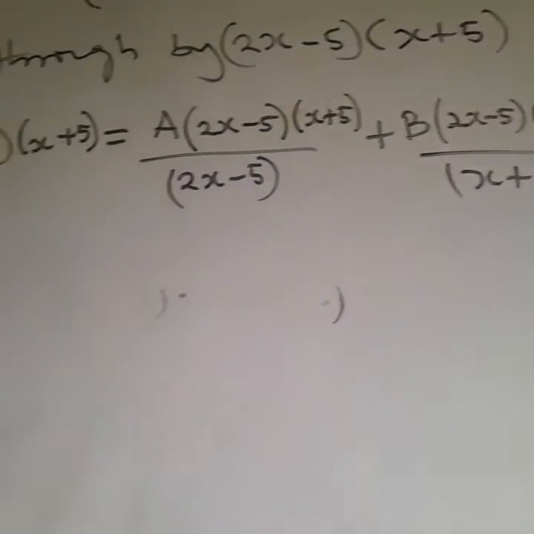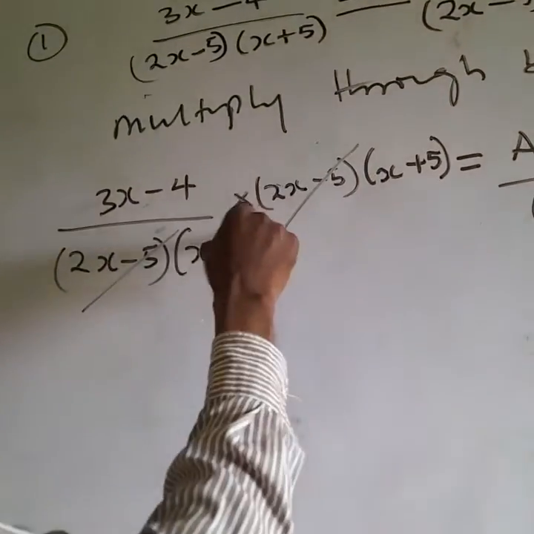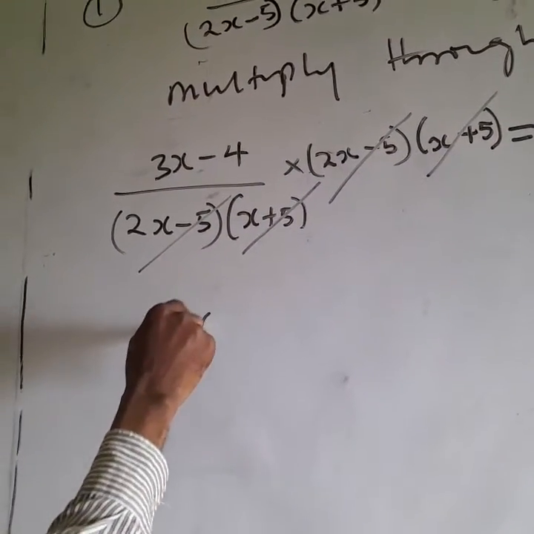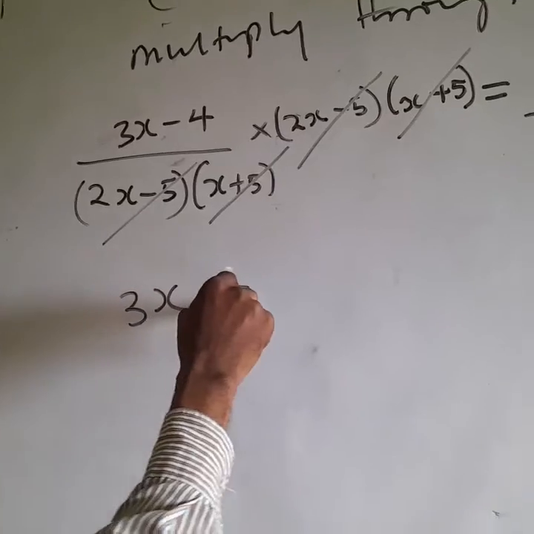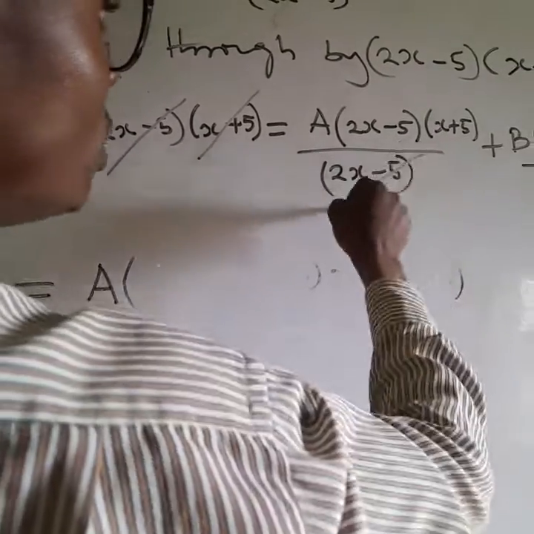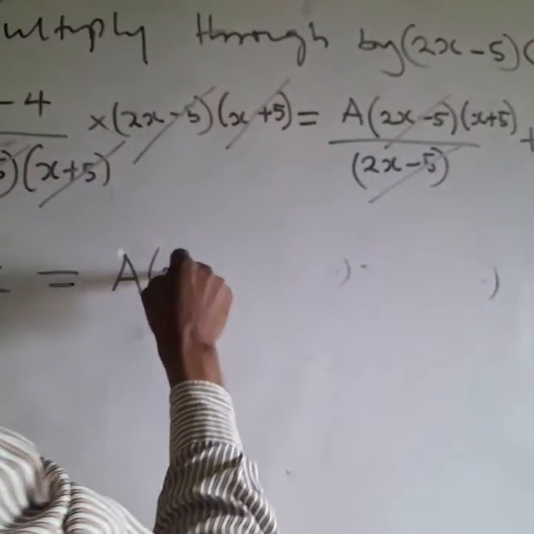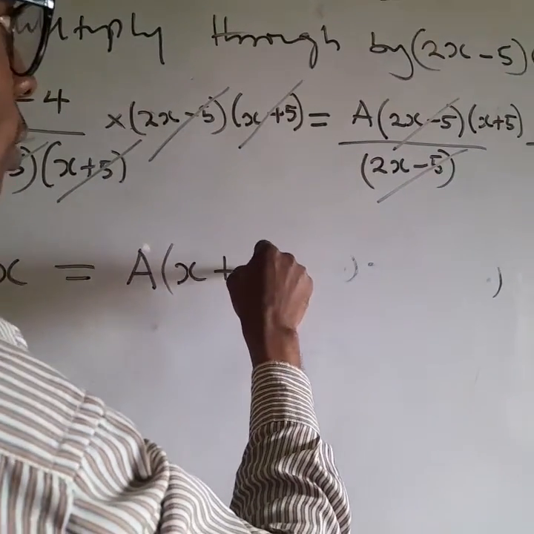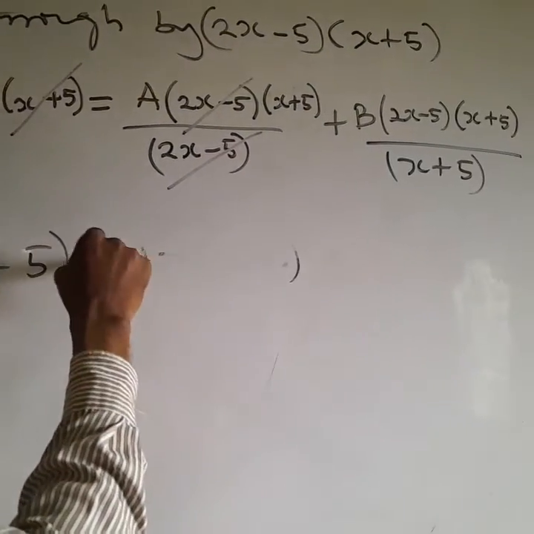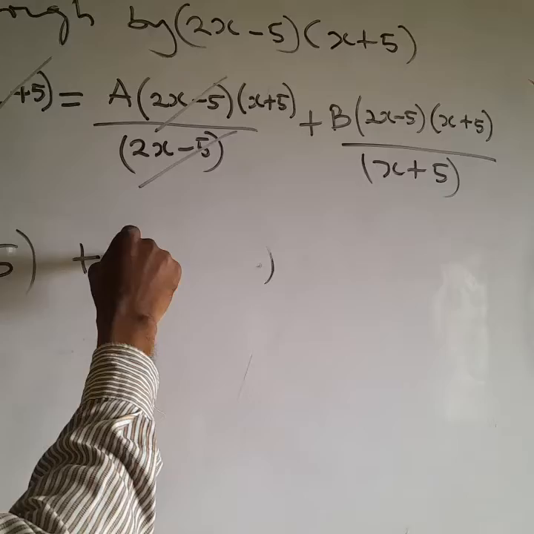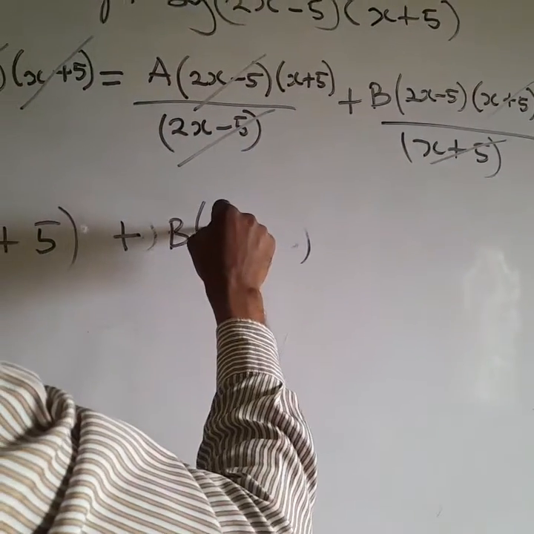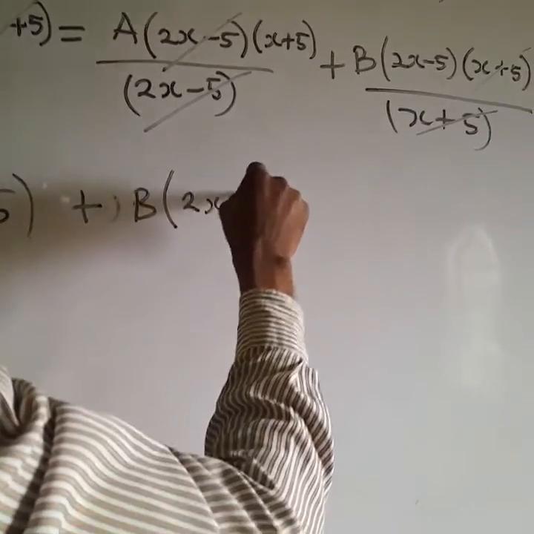So from here you see that this will cancel this, and this will cancel this, so we are left with 3x minus 4 equal to A into x plus 5, plus B into 2x minus 5.